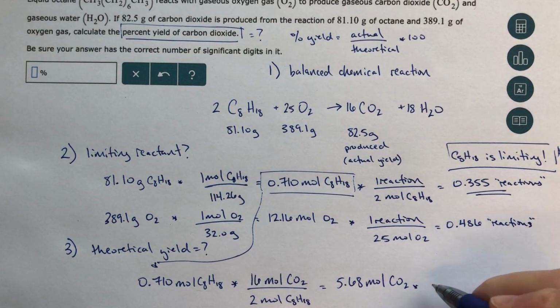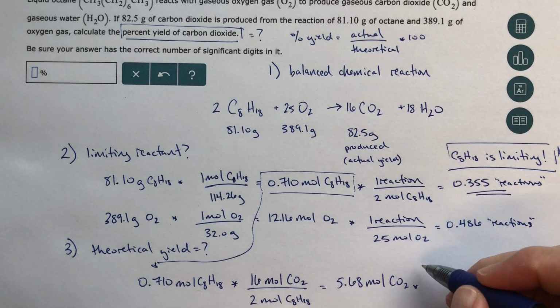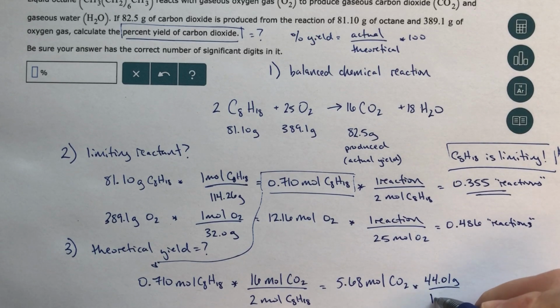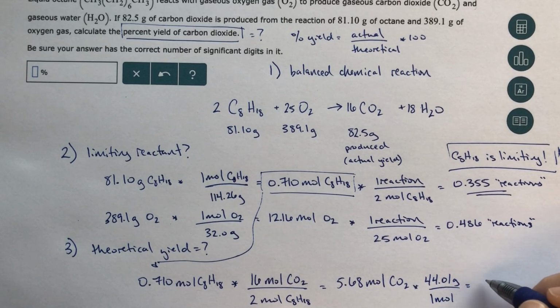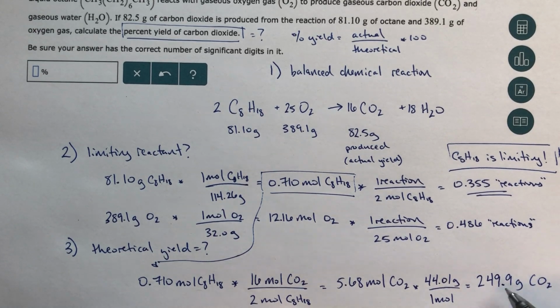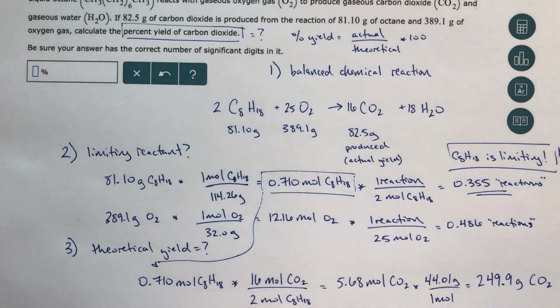I can convert that to grams because I've got my actual yield in terms of grams. So just converting this to grams would be 44.01 grams over 1 mole equals 249.9 grams of CO2. Oh, no, so I guess for these numbers, we should have 4 sig figs.